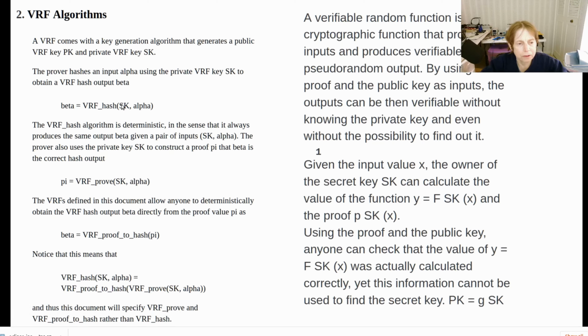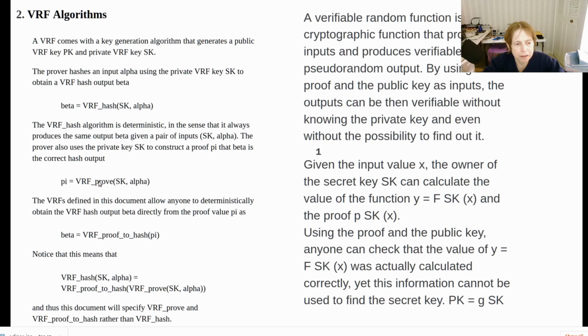Remember we had the secret key, and this alpha can represent the other hashes and other values, and you get some value which is beta. I put these two side by side to help understand it better. You put in all this stuff and you get a value. Call it beta, call it y. That's your random value.